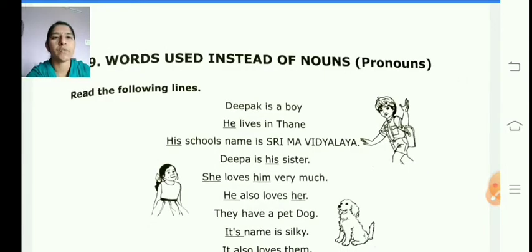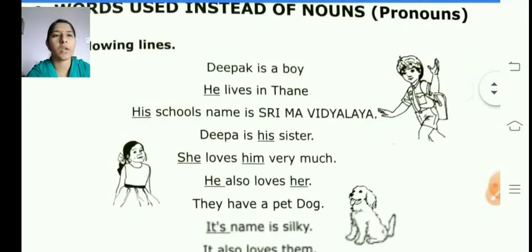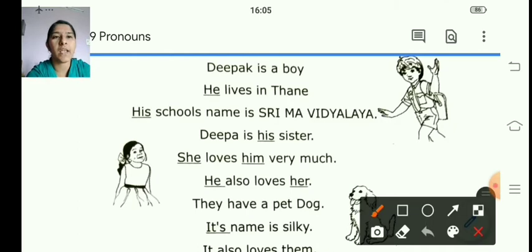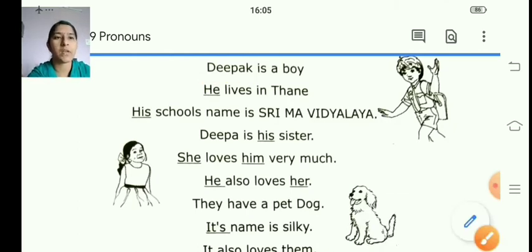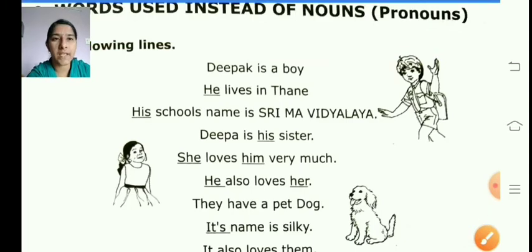The first sentence: Deepak is a boy. In the second line, they are using the word he.